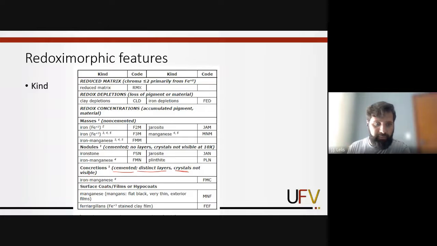And we describe them as iron manganese, or we can describe them as surface coats that are films or hypocoats of manganese or iron above gravels or coarse particles, okay?